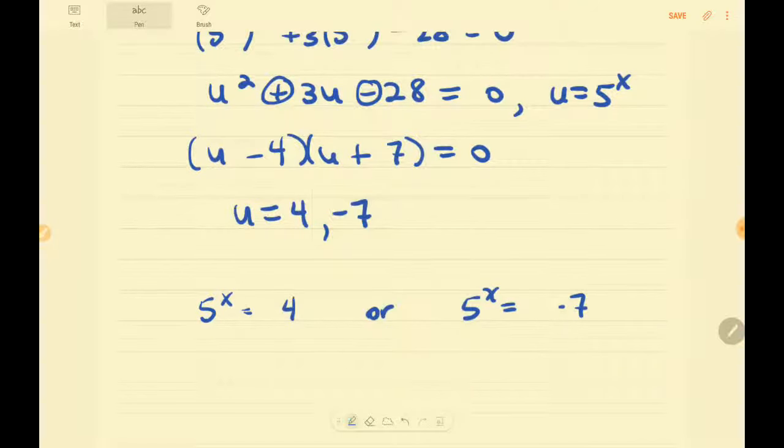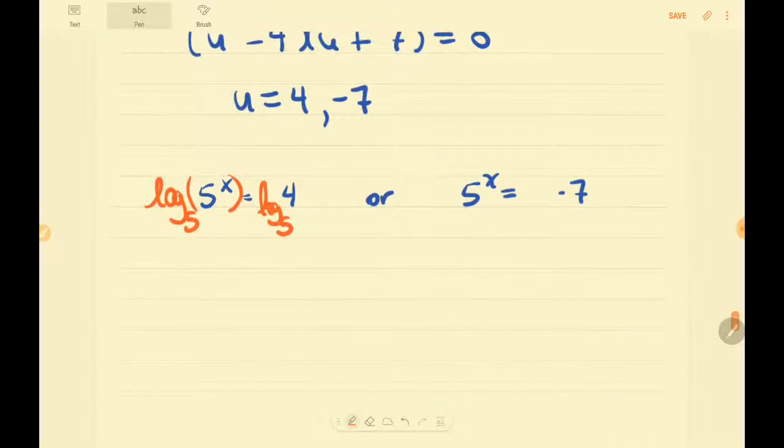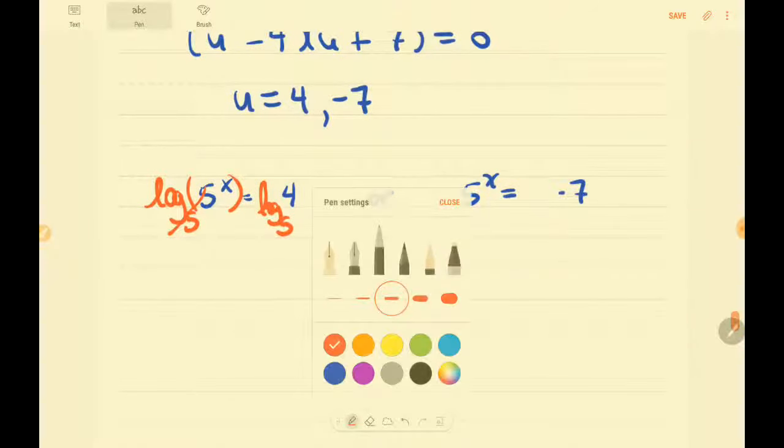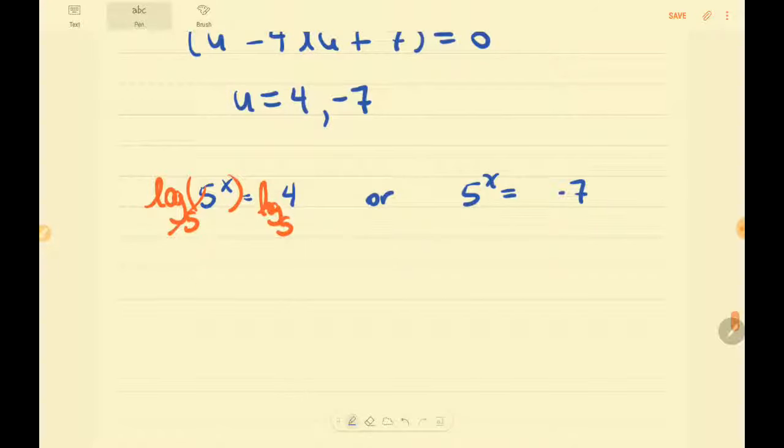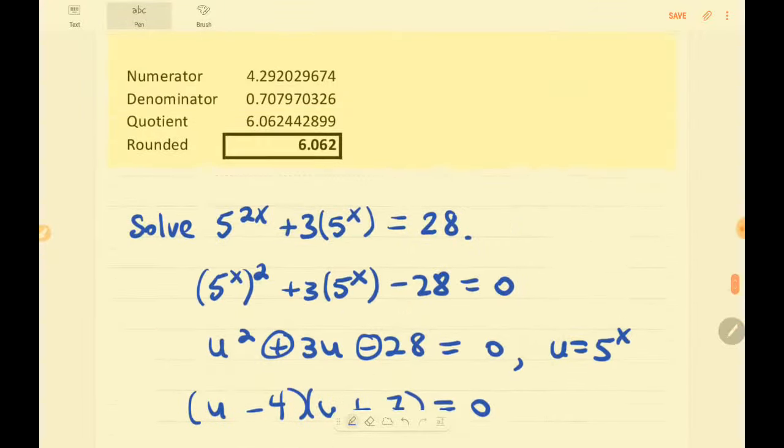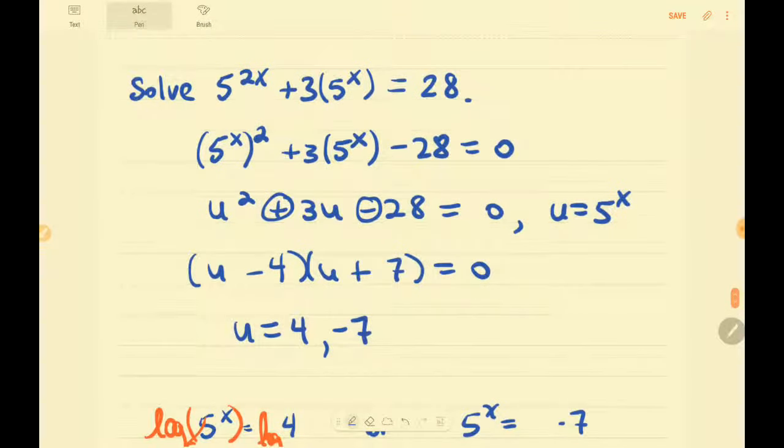Right, and then we're taking the log of both sides. So I'm going to use log base 5, so that'll bring my x down. And then I have x equals, do we want exact or, let me see, oh, I didn't write the directions down. I got this out of the book. So the directions say express solutions in exact form.